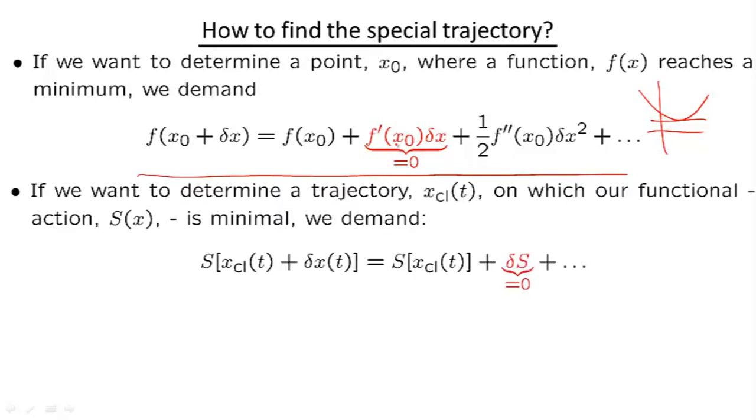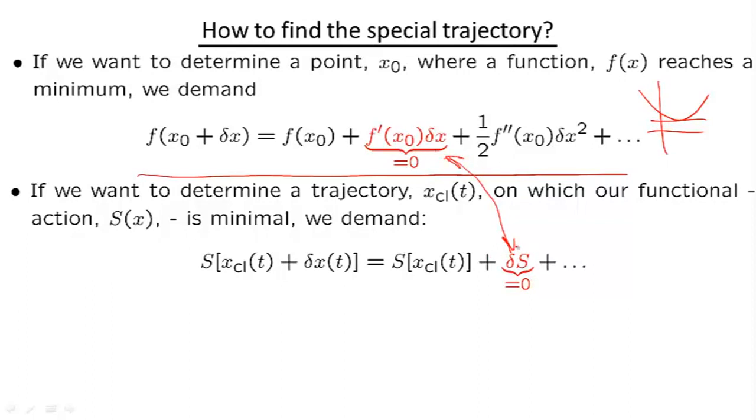Now, in analogy to this, if we have a functional, in particular our action S of x, then to determine a particular trajectory, which we will identify as the classical trajectory, we have to demand that if we calculate this action in the vicinity of this classical trajectory, for which the action is minimal, the first variation, the analogous part to the first derivative, is going to vanish.